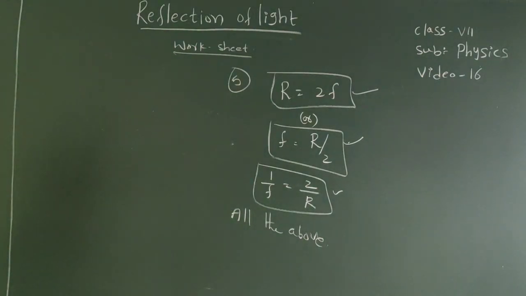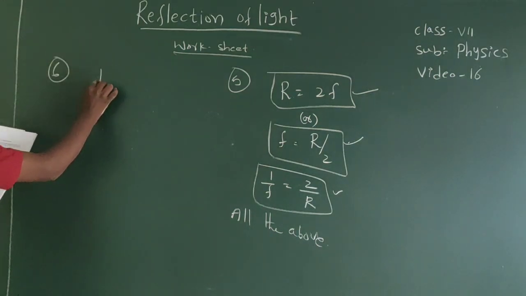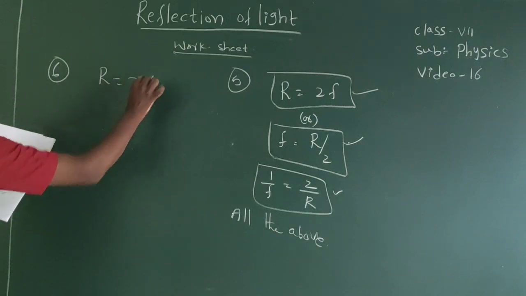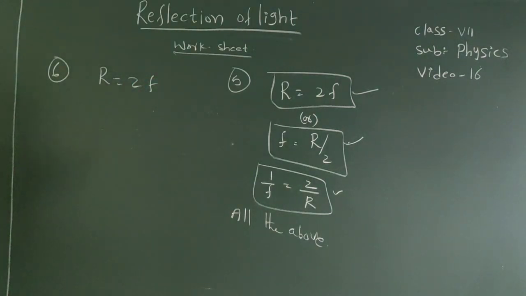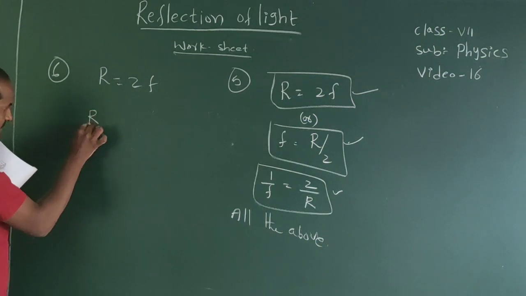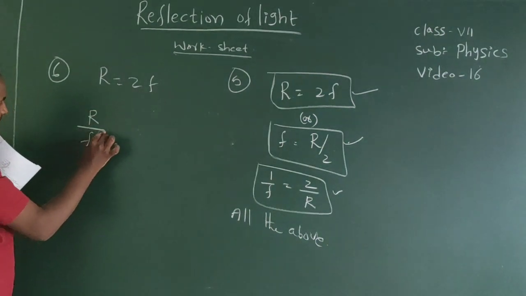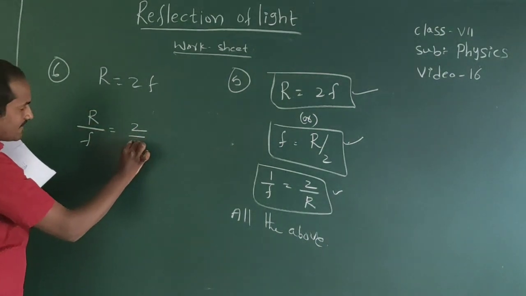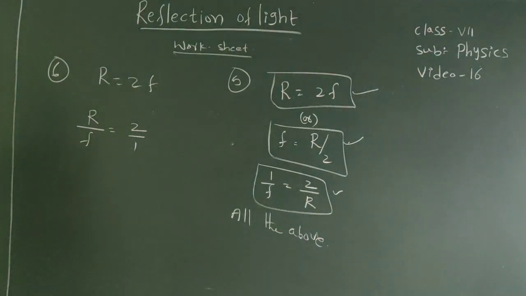Question number 6. So here we can write R equal to 2F. The ratio between R and F, radius of curvature and focal length. Bringing F to this side, we can write R by F equal to 2 by 1.